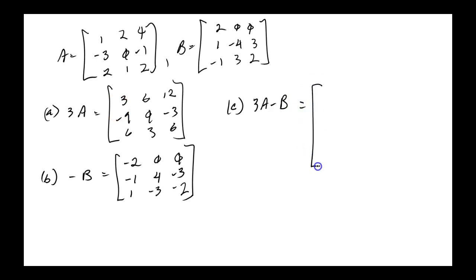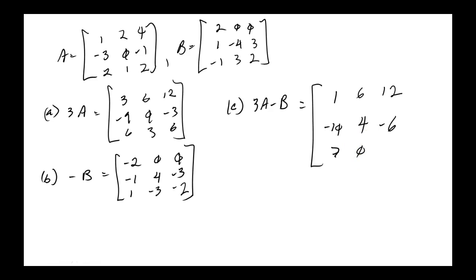So just adding element by element. 3 minus 2 is 1. 6 plus 0 is 6. 12 plus 0 is 12. -9 and -1 is -10. 0 and 4 is 4. -3 and -3 is -6. 6 and 1 is 7. 3 minus 3 is 0.